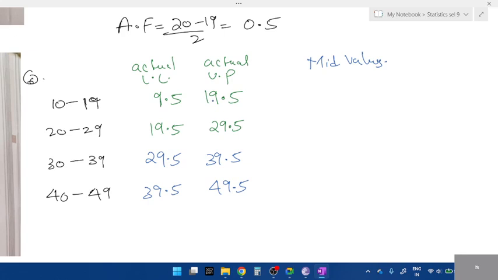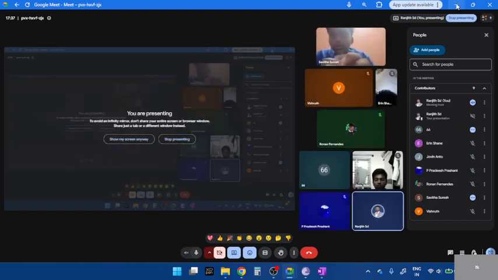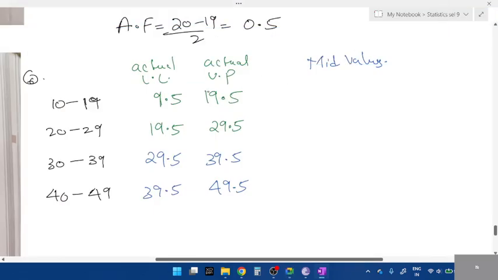Can't find? Okay, this is where I taught you all. Mute the call, all of you. Look at the screen. Stop writing. Is it possible to find the mid values directly? No, right? It's not possible.